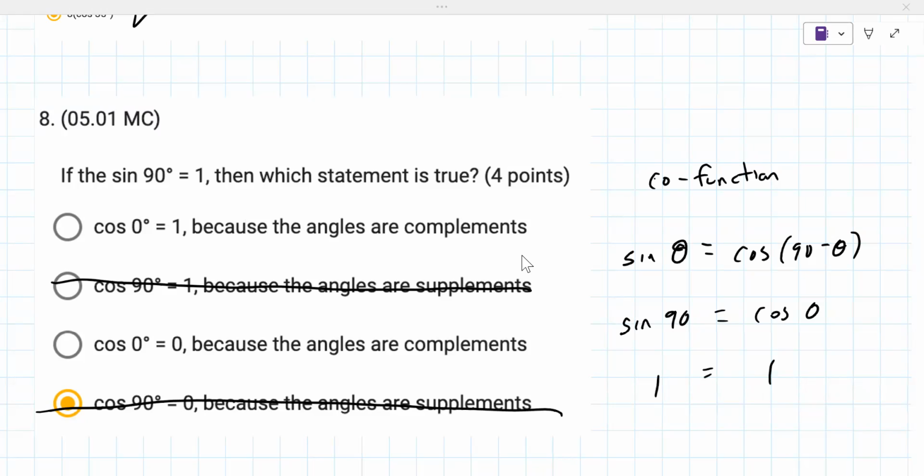So would it be the third one? Cosine of 0 degrees equals 0. No, they have to equal the same thing. Oh, so then it's got to be number 1, because that's the one that has cosine of 0 equals 1. Yes.